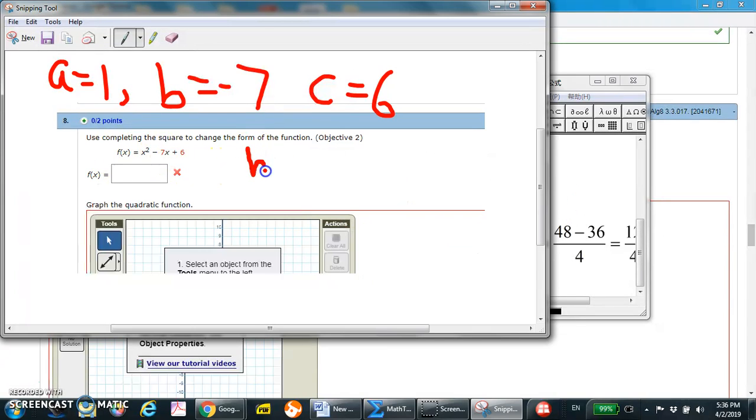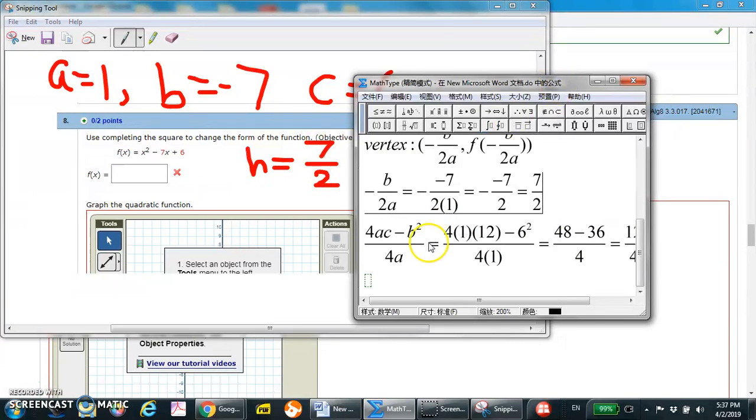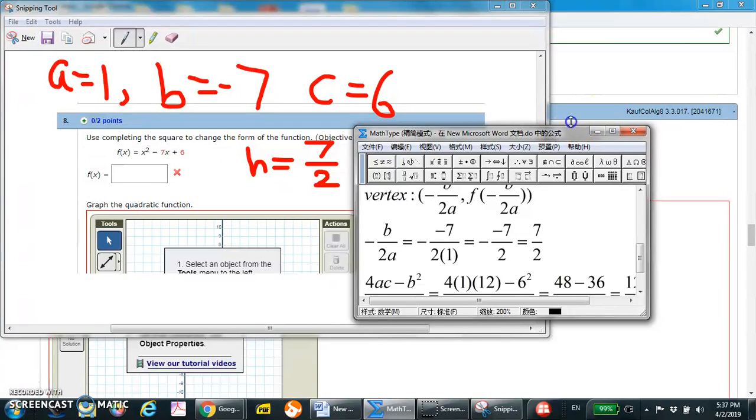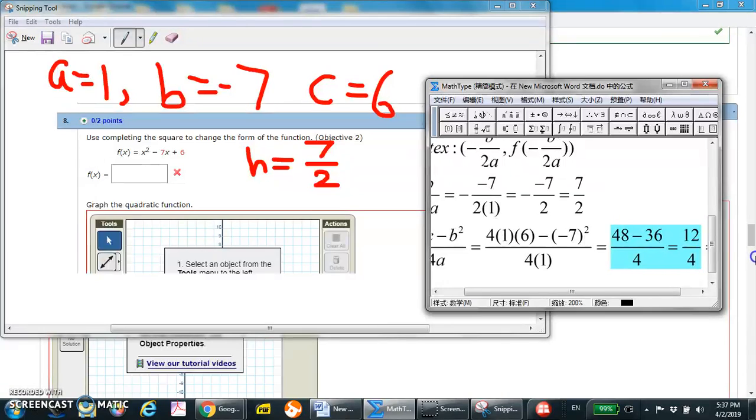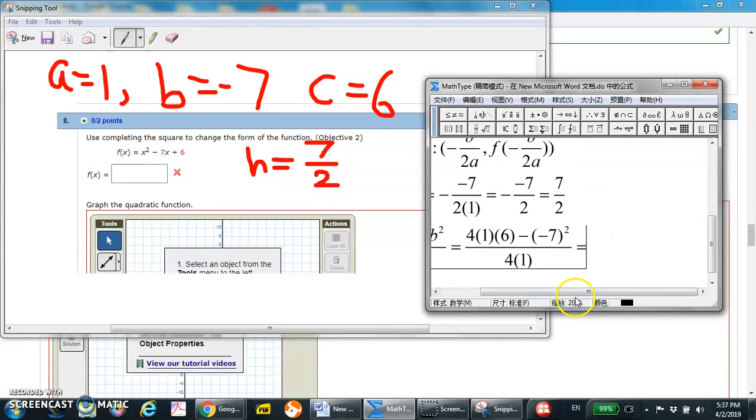So the h is +7 over 2. Now let's figure out k using this formula. So now a is 1 and b is -7, and c is 6. Since right now b is -7, remember when you square b, you want to add parentheses. And a doesn't change. a is 1.